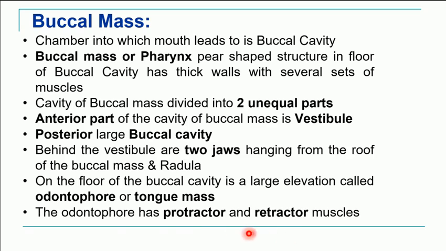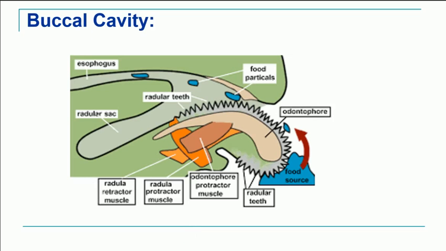Okay, now this odontophore has two types of muscles, that is protractor muscles and retractor muscles. Since it is a tongue-like structure, it requires movement, and those movements are carried out by these two types of muscles, protractor and retractor muscles.